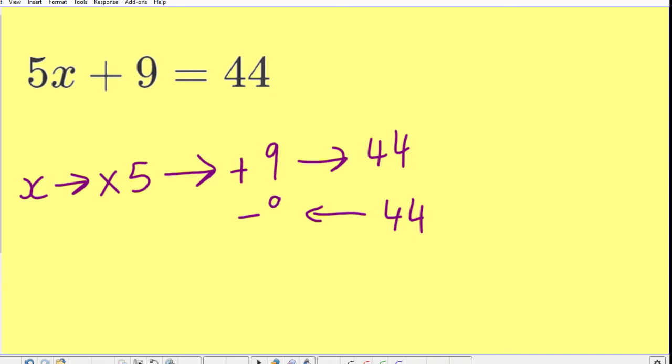Take 9. Opposite of multiply is divide. Divide 5. That's going to give us what x is. 44 take 9 is 35. Divide by 5. So x is going to be 5. X equals 5.